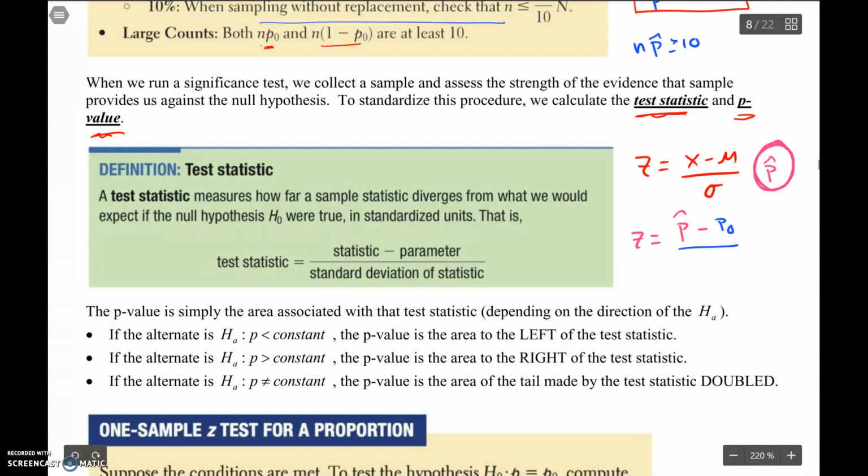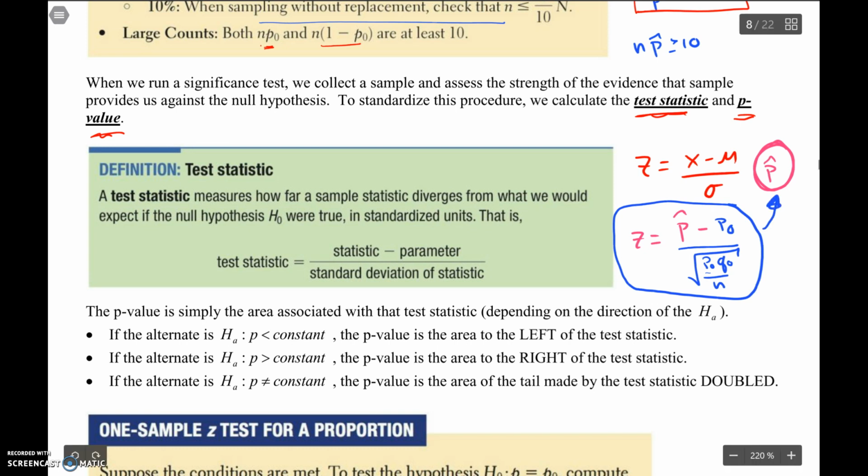So that's going to be the square root of p naught q naught over n. And again, we put in our p naught and q naught here because this test is run under the assumption that the null hypothesis is true.